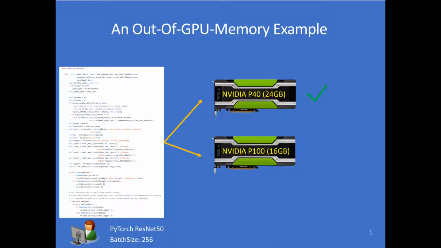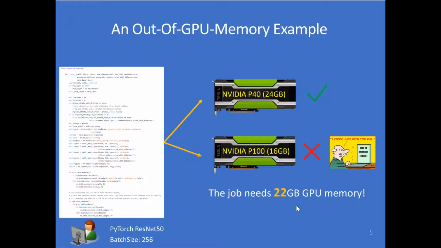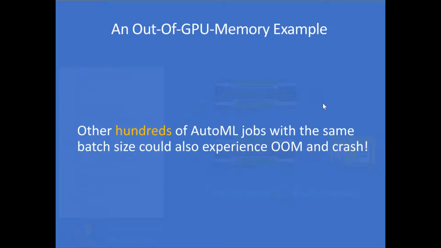But when it is scheduled on the P100 GPU, it will trigger an OOM exception because the P100 has only 16 GB in total. Hundreds of other AutoML jobs with the same batch size could also experience OOM and crash.